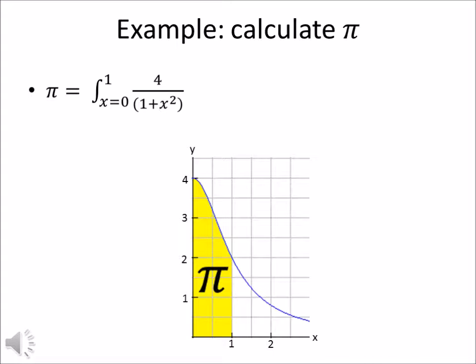Now, from mathematics, we know that if we use this formula, we can calculate the value of pi by taking the definite integral from 0 to 1. So, if we can calculate this yellow area, this means that we will have computed the value of pi.